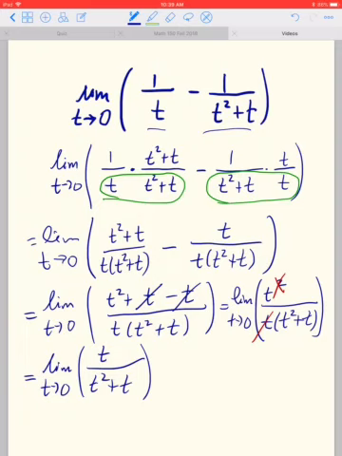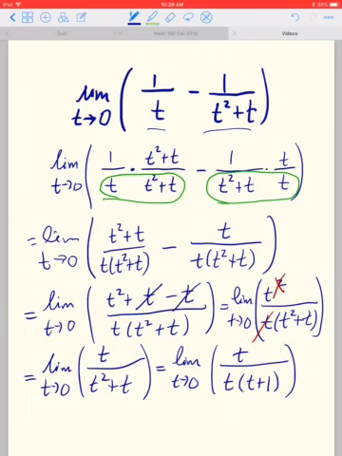And so we try, let's plug in t equals 0. Well, we plug it in, we still get 0 over 0. So that's a sign that we still have more simplifying to do. And we say, well, oh, I see, I can factor the denominator again. So if I factor a t out of that, I get t times t plus 1.